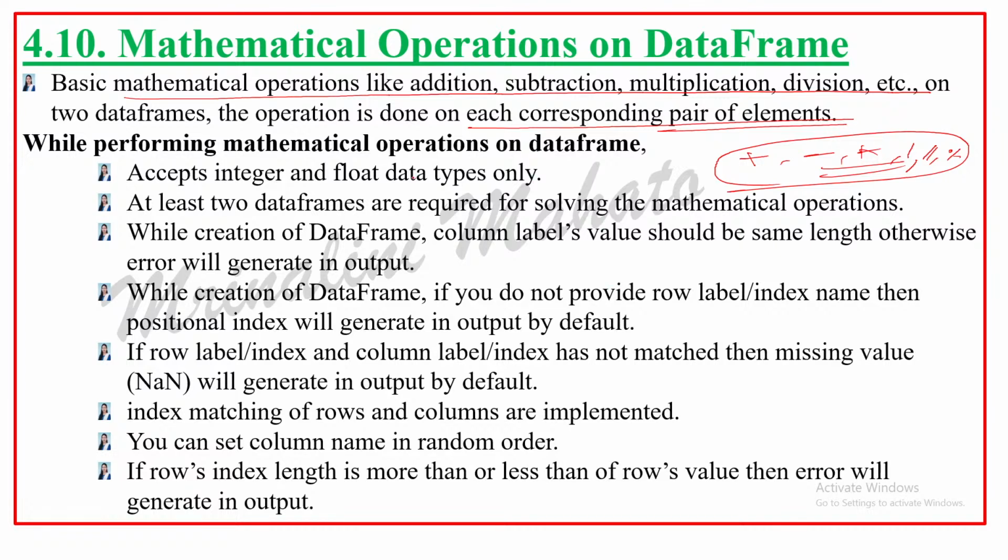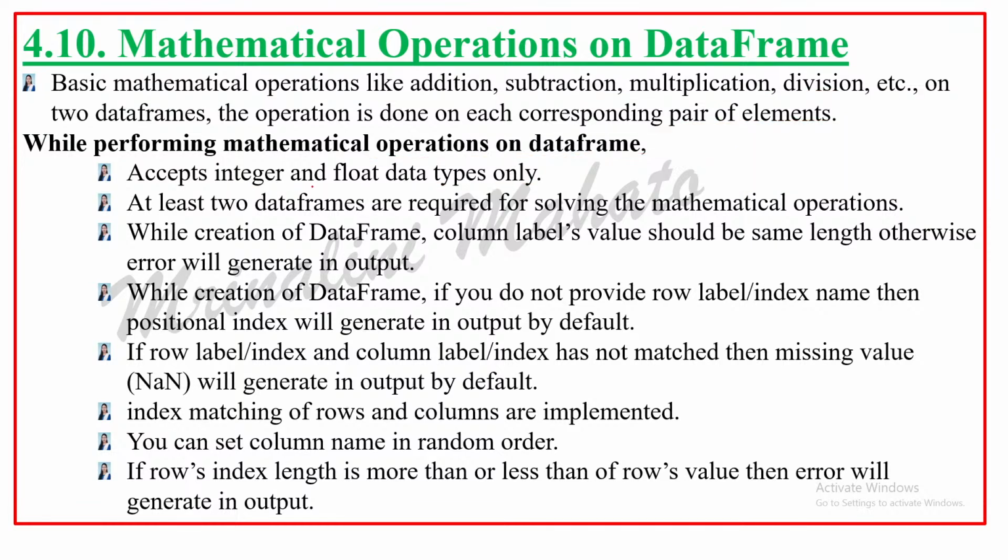While performing mathematical operation on data frame, it accepts integer and float data types only. Accept integer and float data types only whenever you do mathematical operations. Now you tell me, can you do a plus c? A plus c we can do. This is the concatenation method. AC will come as a string.